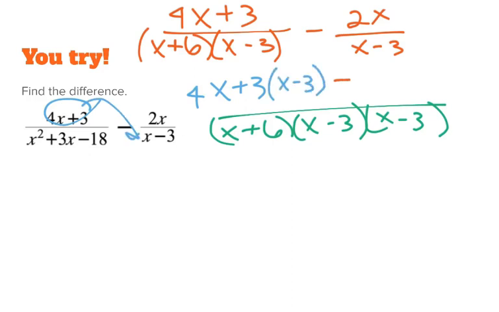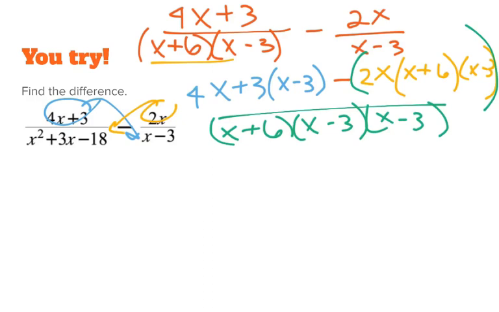Then I have my minus sign, and this one with the 2x needs to be multiplied by the other denominator, which we wrote in factored form, so x plus 6, x minus 3. And again, just to say it one more time, I like to be really safe and put parentheses around that whole thing. Okay, so if you're good so far, pause it right now and see what you would do next if you're doing this on your own.